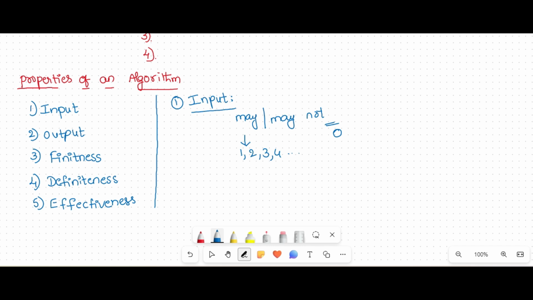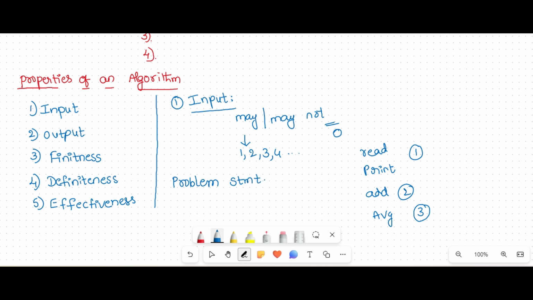For example, if you want to read a number and print the same, then 1 input is enough. If you want to add 2 numbers, then 2 inputs are required. If you want to find the average of 3 numbers, then 3 inputs are required. That means the number of inputs depends on the problem statement.